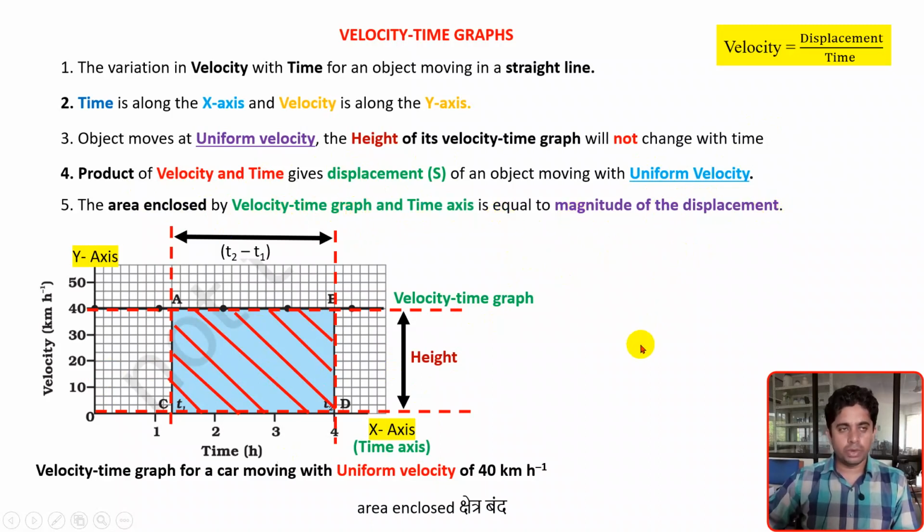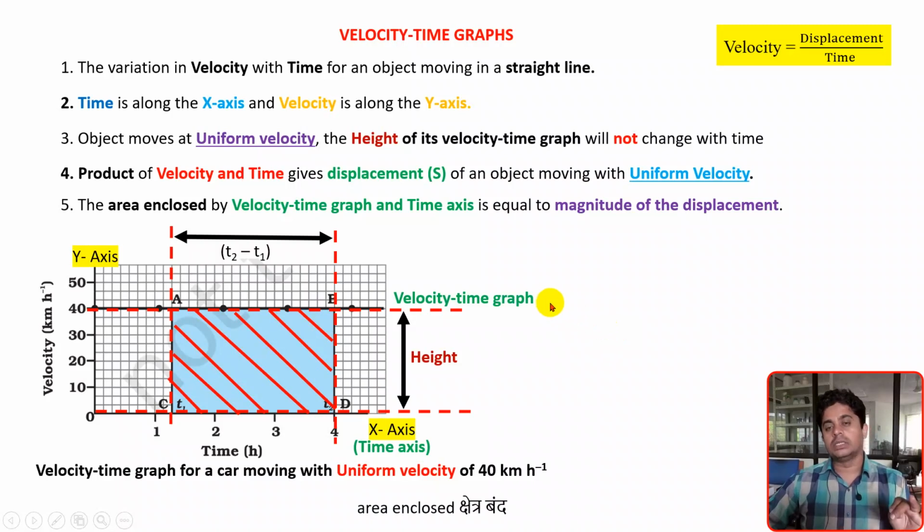In earlier videos regarding the distance time graph and velocity time graph, we drew three conclusions. First, the slope of the line in a distance time graph gives the magnitude of velocity. Second, in a velocity time graph, the slope of the line gives the magnitude of acceleration.